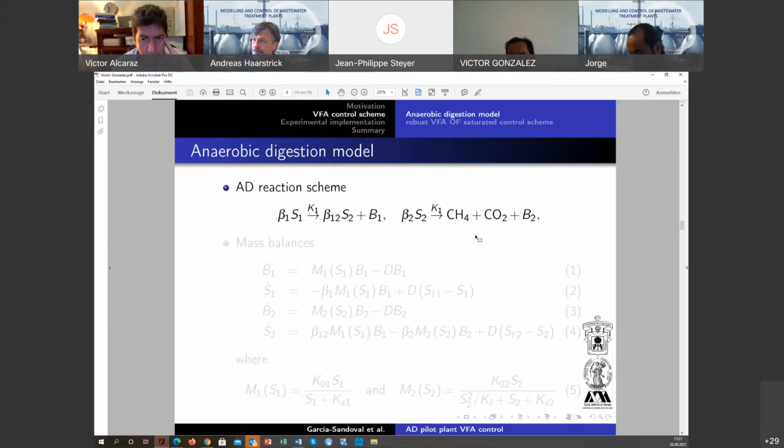And in the second step, the volatile fatty acids are decomposed into the biogas, methane and CO2.